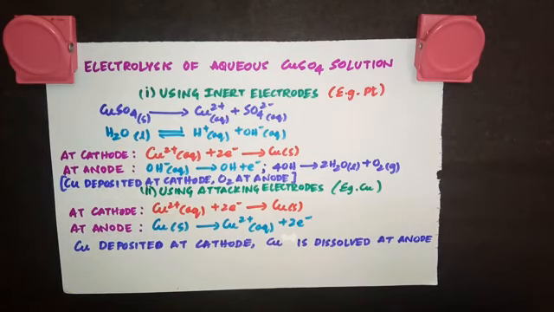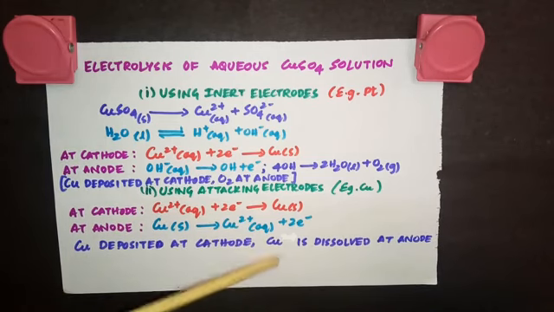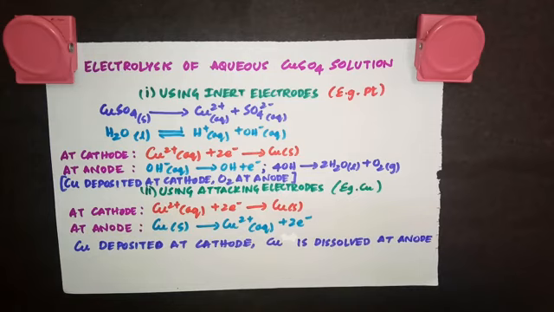So the net result will be that Cu2+ ions are deposited on the cathode as copper, while an equal amount of copper from the anode goes into the solution. So copper is deposited at the cathode and copper is dissolved at the anode when you use an attackable electrode like copper in copper sulfate solution.